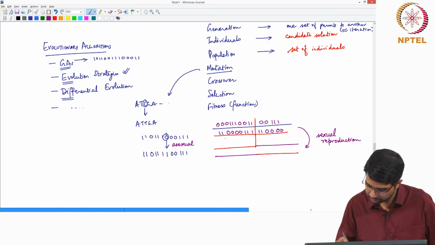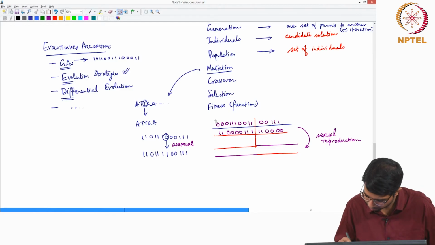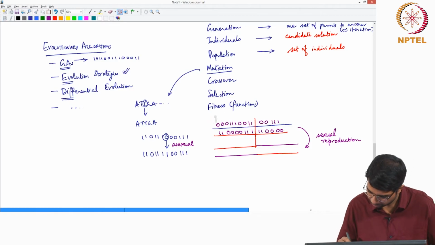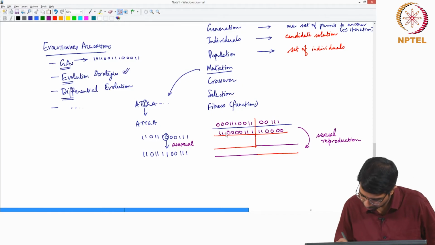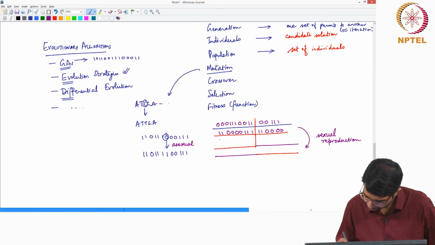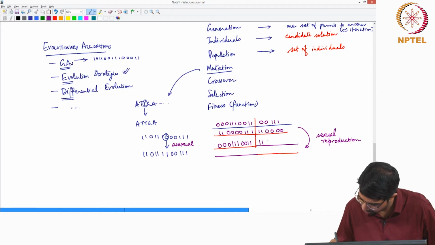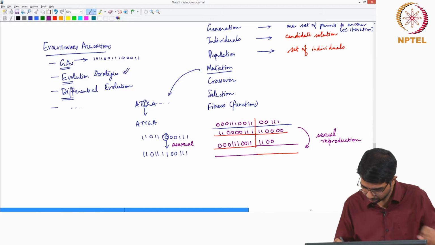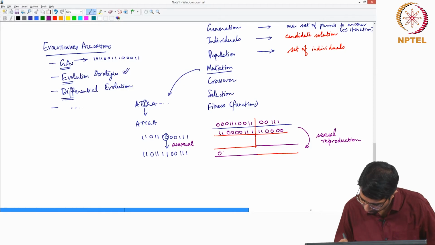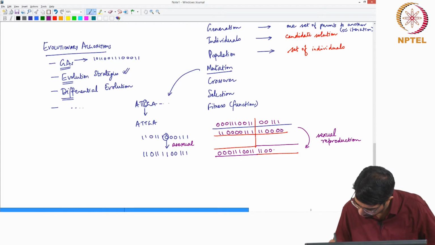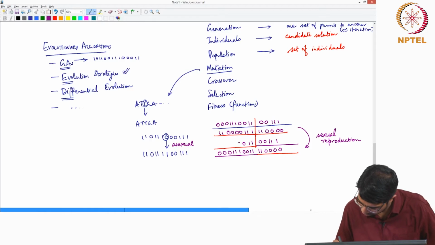So, this will now become 0 0 0 1 1 1 0 0 1 1 0 0 1 1 0 0 0 0, and this becomes 0 0 1 1 1 1 1 0 1 1 1 0 0 0 0 1 1, right.